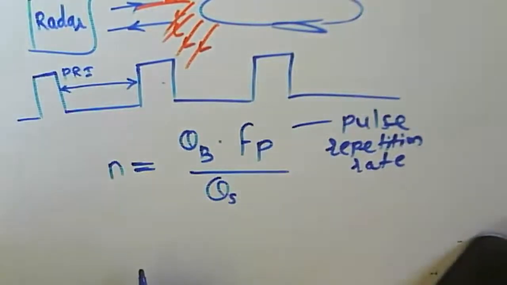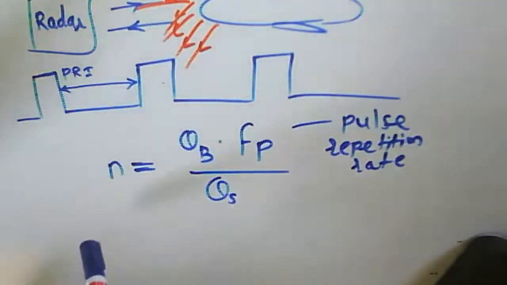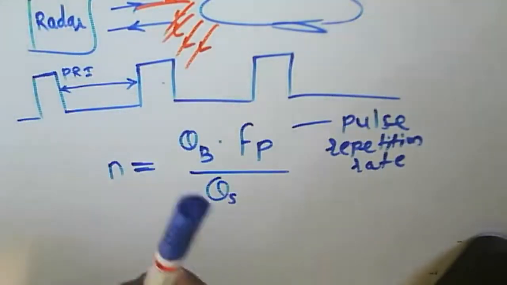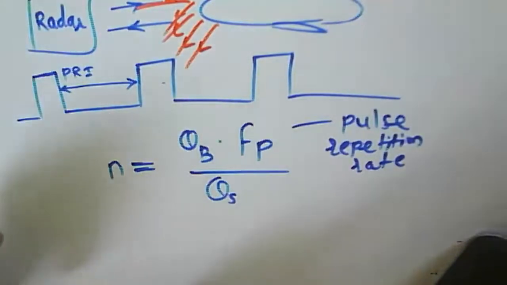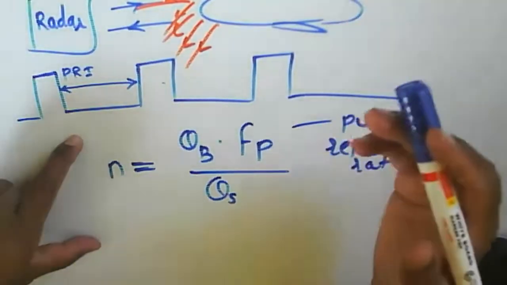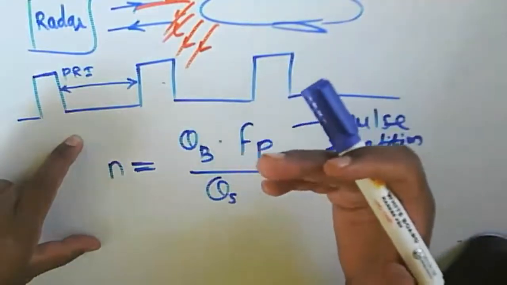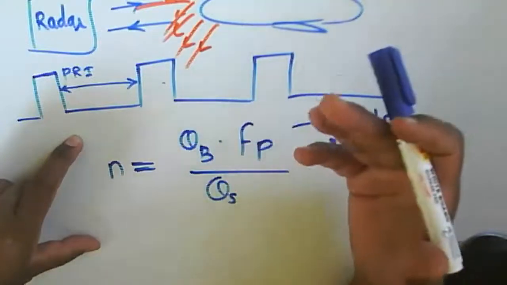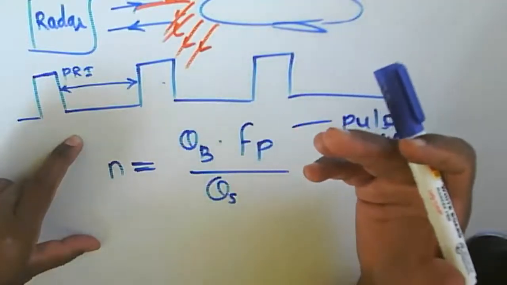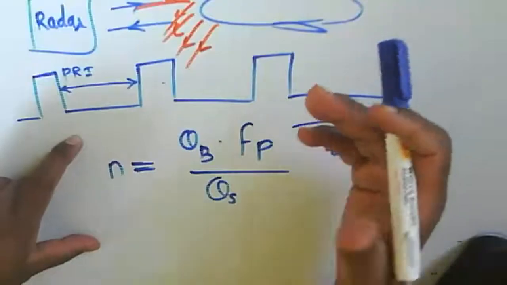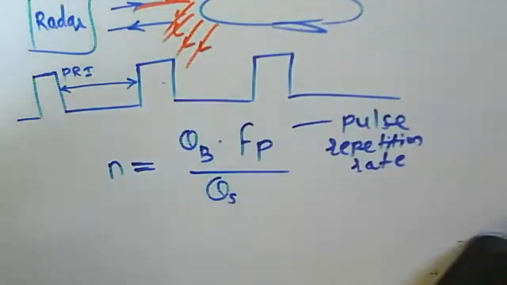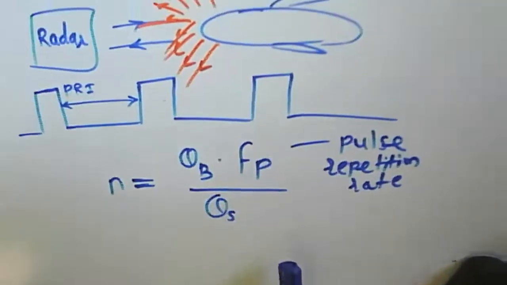Now generally we consider that the antenna is rotating, a 360-degree rotation, so circular, and it is always rotating. So what will be the rotation, or how many revolutions per minute does the rotating antenna make? The number of pulses received depends on how many pulses hit the object from the radar.